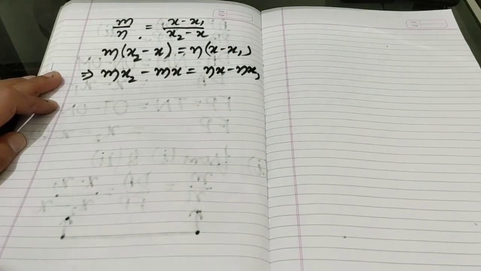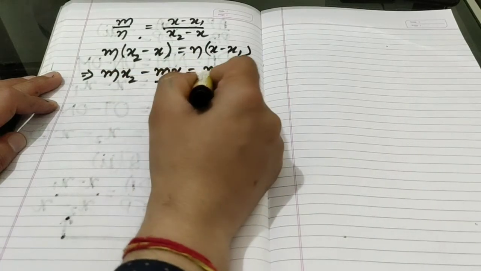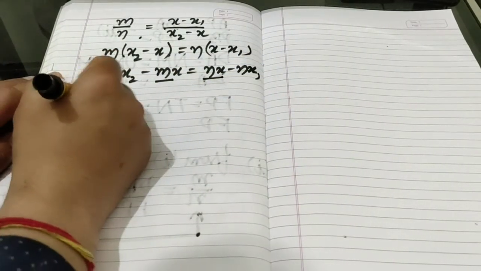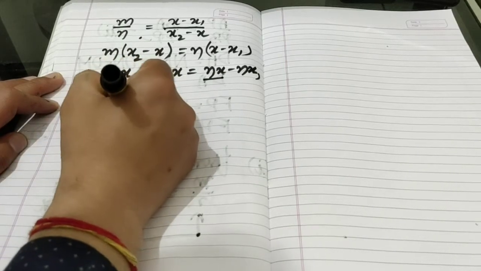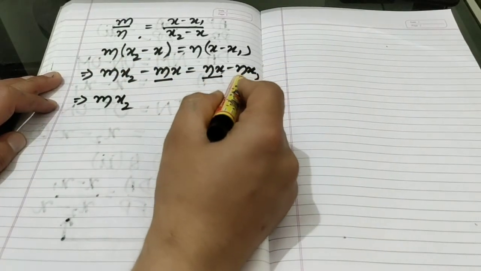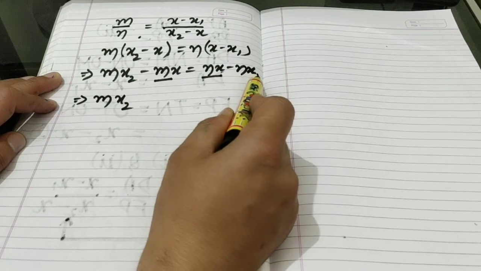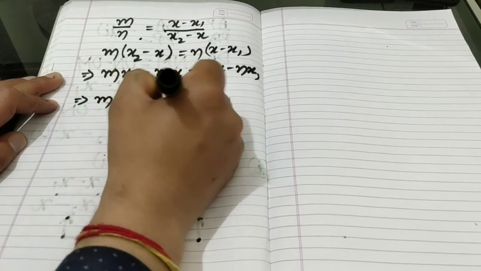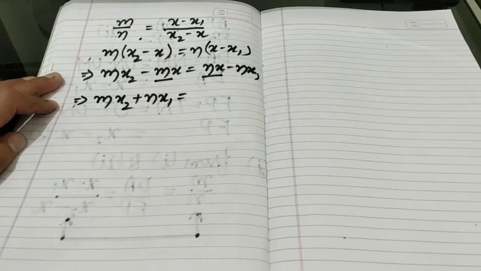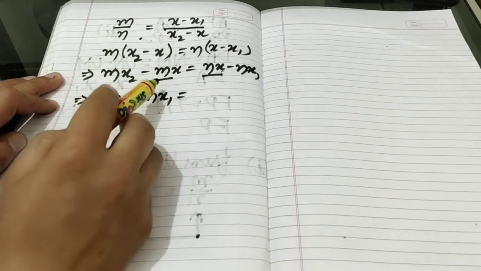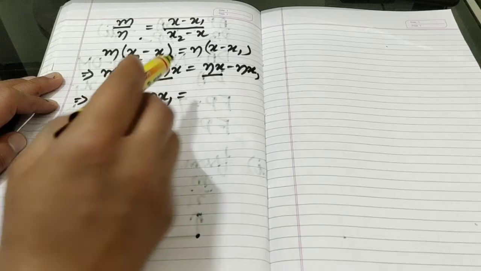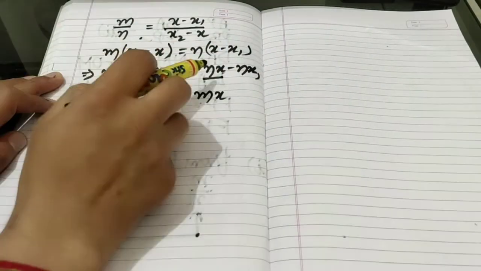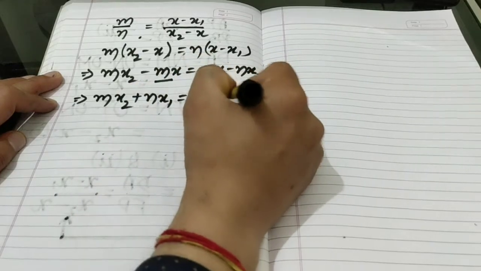Now we keep the terms with x on one side and the other terms on the other side. That is how we get m into x2, and when we shift minus of n into x1 to the left side, it becomes plus, equals, and when we shift negative of mx to the right side, it becomes plus, and this nx remains as it is.